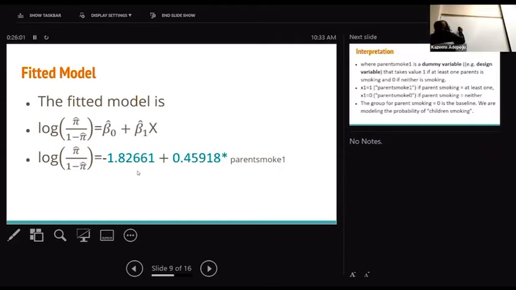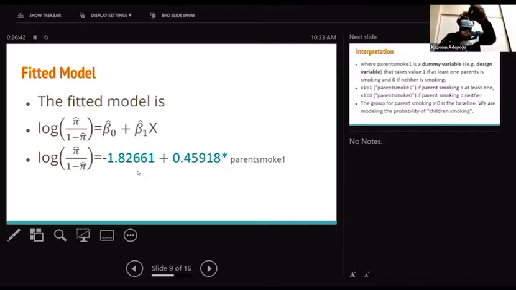In probability form, it is basically going to be exponential of minus 1.282661 plus 0.45918 times parent smoke, divided by 1 plus exponential of minus 1.282661 plus 0.45918 times parent smoke. So this is in probability form.